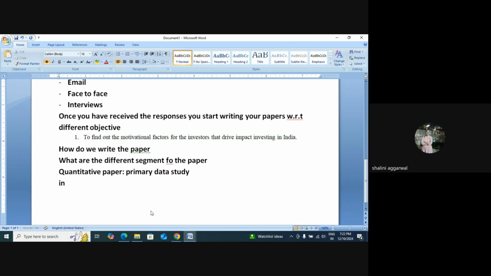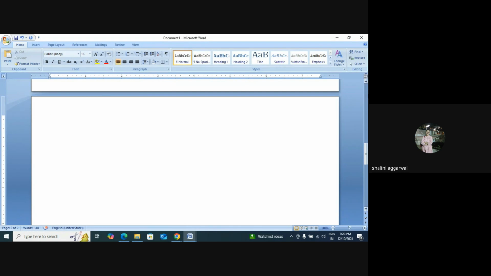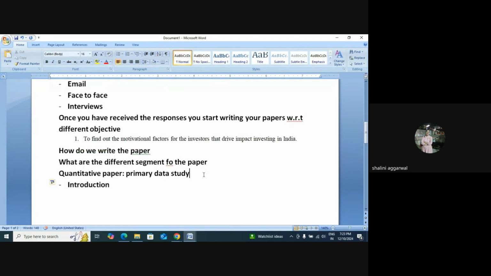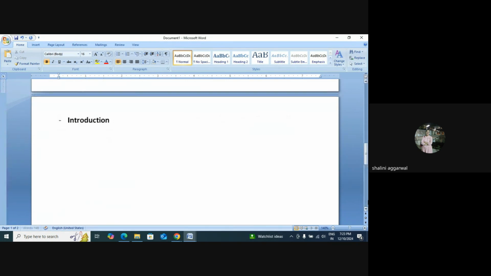The first thing is the introduction part. I'll tell you what will be included in the introduction. First is the introduction. How do we start the introduction? Let's say the topic is impact investing.